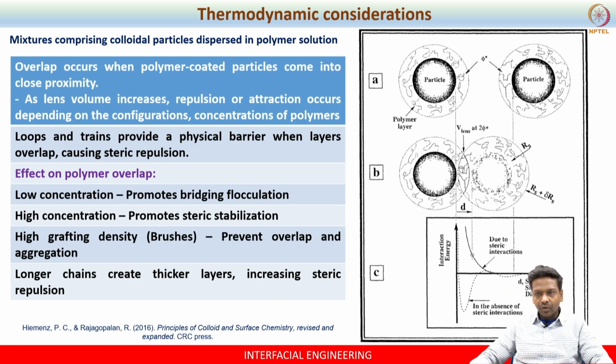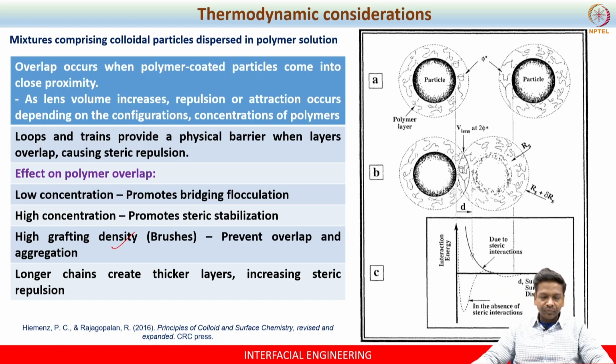So here we will look a little bit more at the interaction energy. Whenever the particle surface is covered with polymer molecules using covalent interaction, you always expect steric stabilization, provided the grafting density is good. If grafting density is poor, we can't always expect steric stabilization.